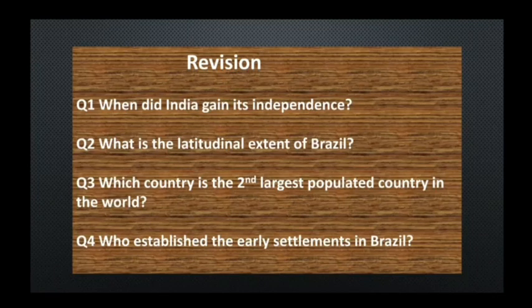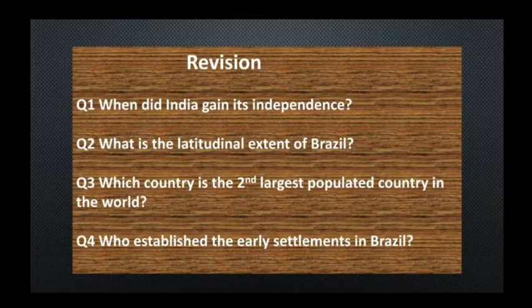When did Brazil gain its independence? Brazil gained its independence on 7th September 1822. What is the latitudinal extent of Brazil? The latitudinal extent of Brazil is 5 degree 15 minutes north to 33 degree 45 minutes south.